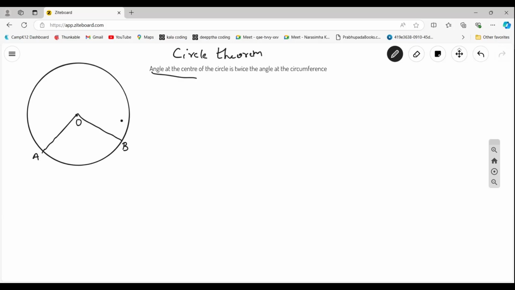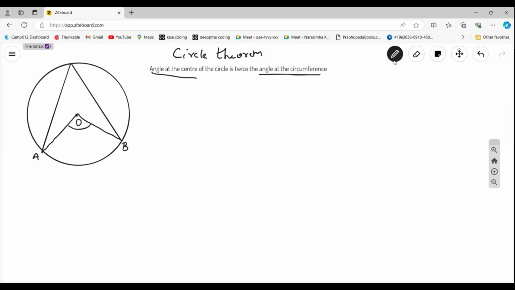So we have an angle at the center, and which angle is that? This angle is the angle AOB. That's what we're talking about. And it says angle at the circumference. That means we need one more angle that the same arc is subtending, on the circumference.